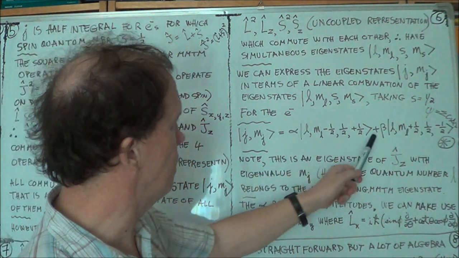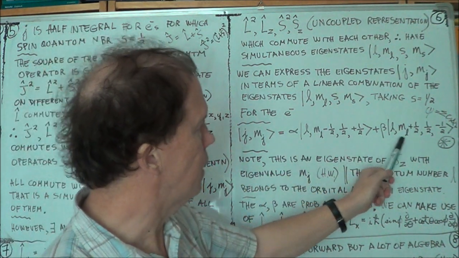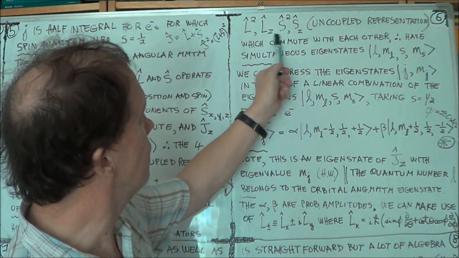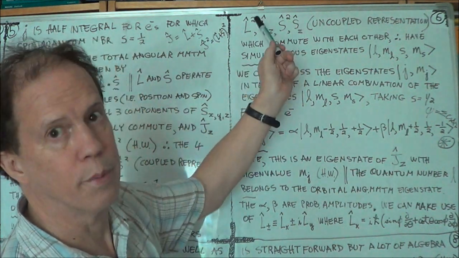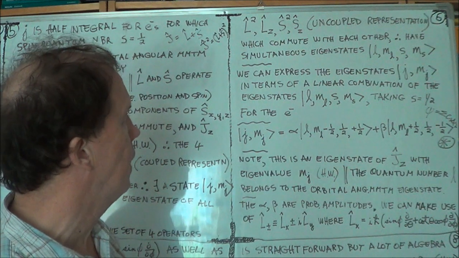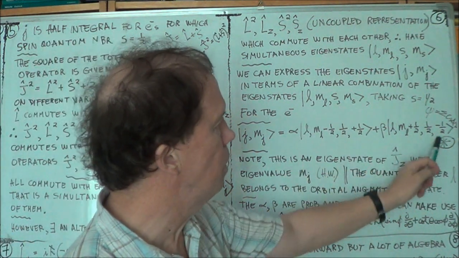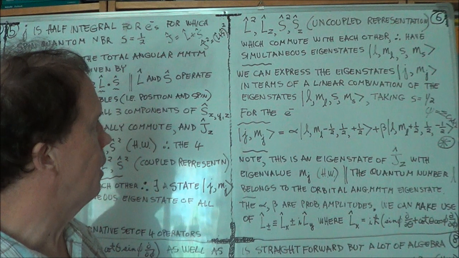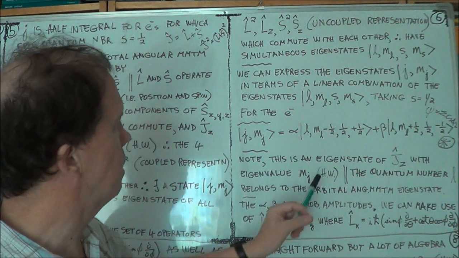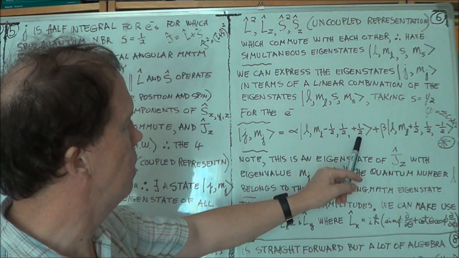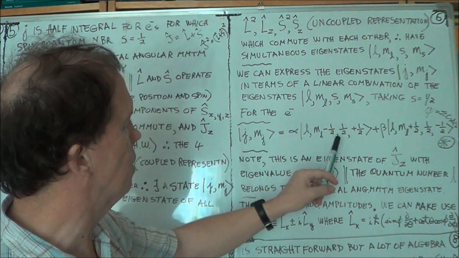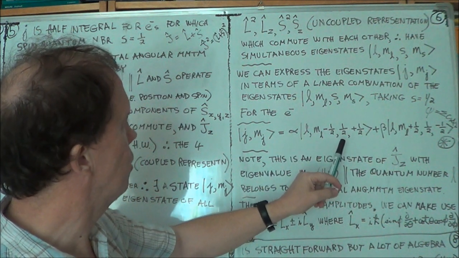So C1, C2, these are the eigenstates of these four operators. Now, why only two? Because we're talking about spin. There are only two. So we're talking about the electron and its two spins.